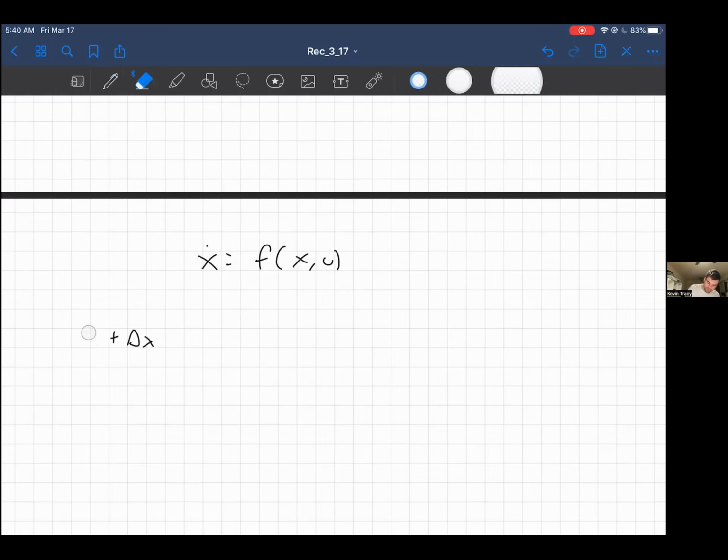Actually, I'll write down both things. So I'll say x dot equals f x u k approximated.